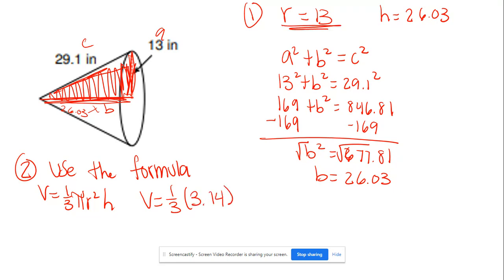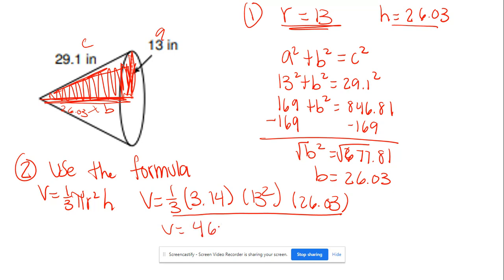We know what r is. R is 13 squared. And we know what h is. And that's going to be 26.03. Now, all you have to do is just put all those numbers in a calculator. And you get volume equals 4,604.36 inches cubed. So that is your total volume of this.